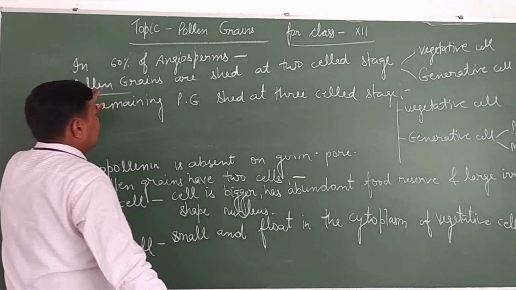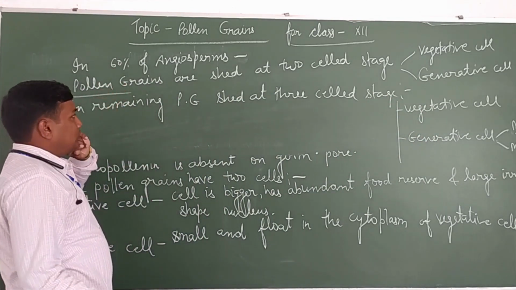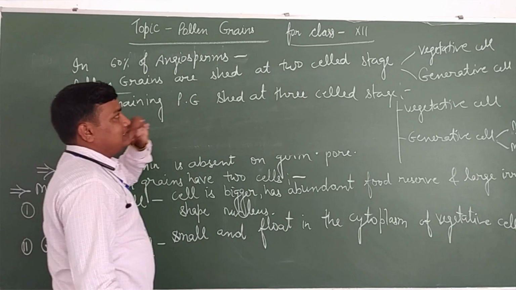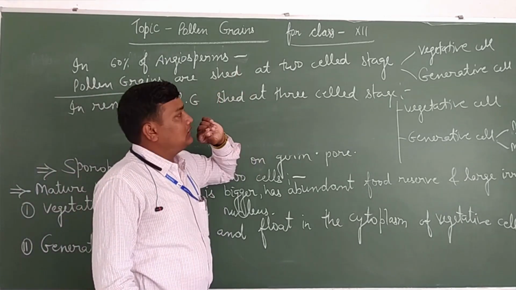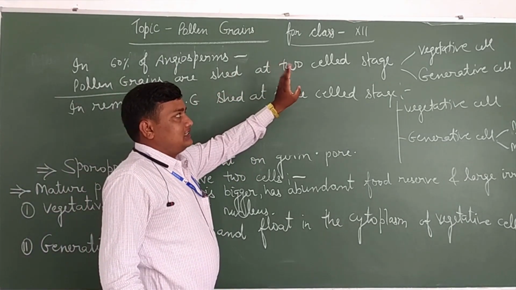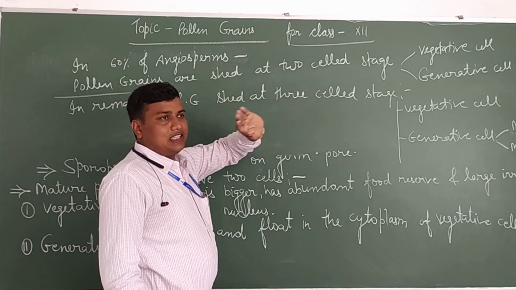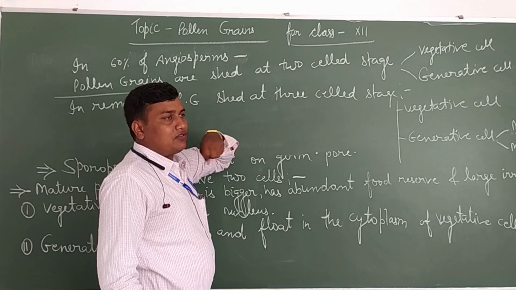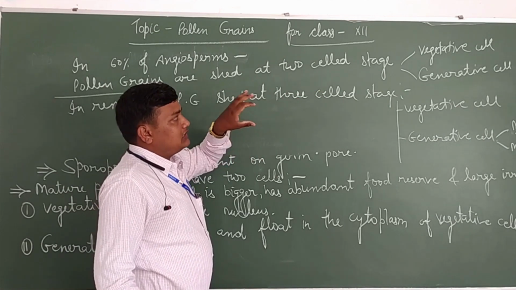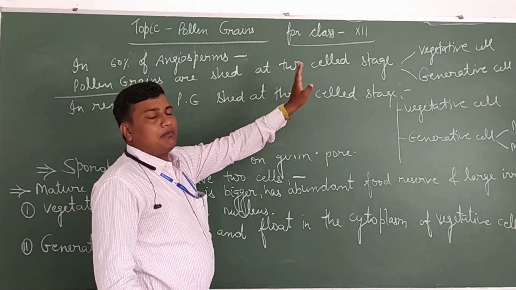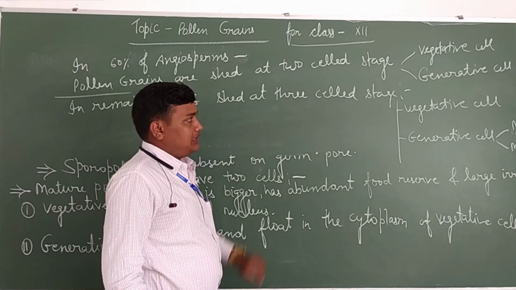But in most angiosperms, about 60%, the pollen grains land on the stigma at the two-cell stage, vegetative cell and generative cell. Later, the generative cell gets nourishment from the stigma and the vegetative cell, and develops into two male gametes.